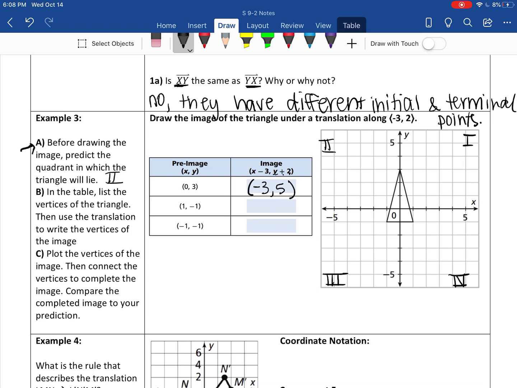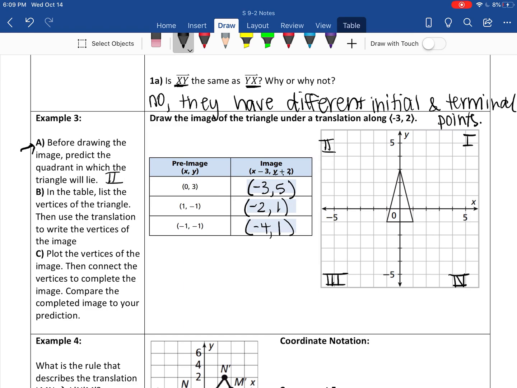Now we're going to do the next one. 1 minus 3 gives me a negative 2. Negative 1 plus 2 gives me a positive 1, excuse me. Finally, we have negative 1 minus 3 gives me a negative 4. Negative 1 plus 2 gives me a 1.